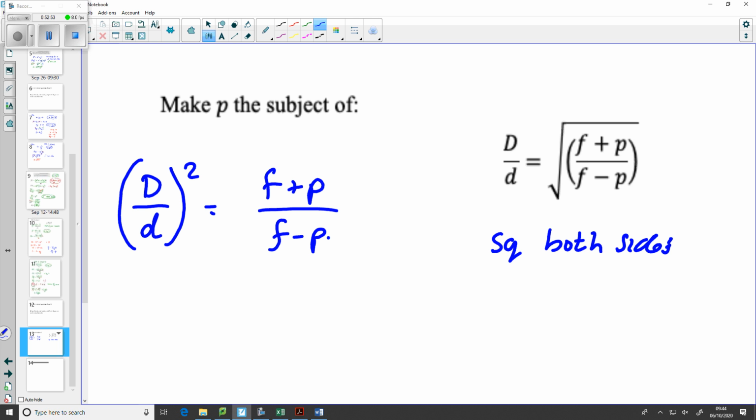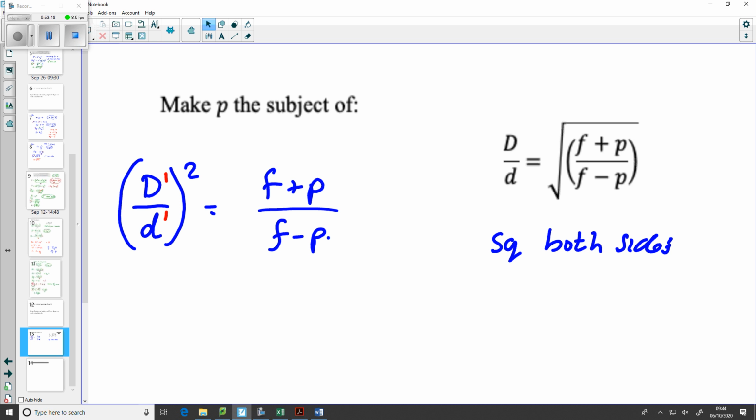Anyone know, using the laws of indices, how that can be written differently? Remember in here, this is D to the 1, because any number to the power 1 is itself, and this is little d to the 1.